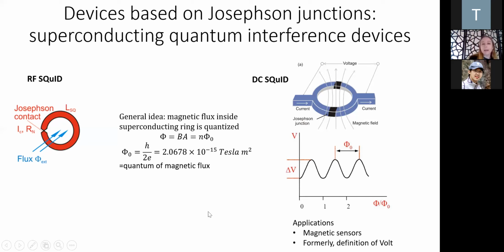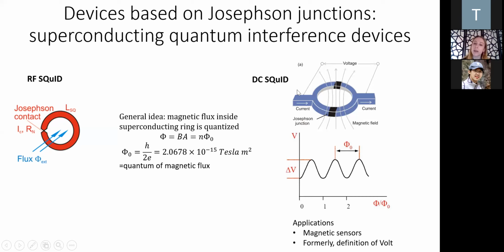Anyway, the RF SQUID is the type of device that's usually used in superconducting qubits. It has one Josephson junction in the loop and other circuit elements that I'm completely omitting here.